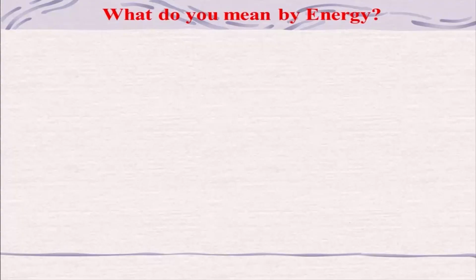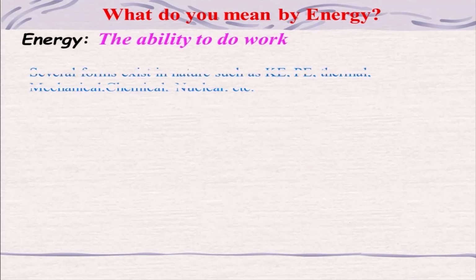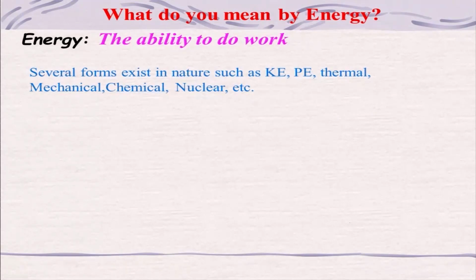And today we will be looking at various forms of energy. Let us ask a question: what do you mean by energy? All of you know that it is basically the ability to do work, and there are several forms of energy that exist in nature, like kinetic energy, potential energy, thermal energy, mechanical energy, chemical energy, nuclear, and so on and so forth.